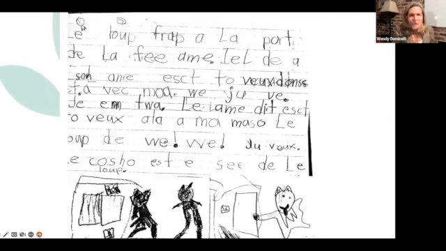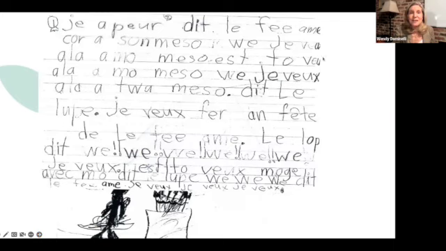Le loup dit, oui, oui, je veux. Le cochon est ici, dit le loup. J'ai peur, dit la fille amie. Je veux faire une fête, dit la fille amie. Est-ce que tu veux manger avec moi, dit le loup. Oui, oui, oui, dit la fille amie.